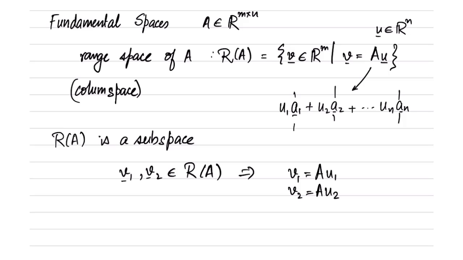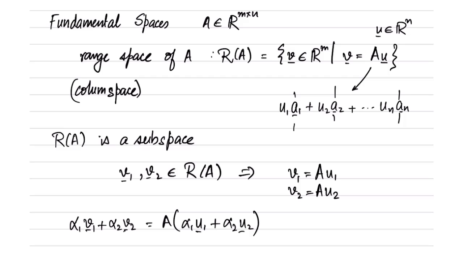Then what can you say about the linear combination of v1 and v2? If you say alpha 1 v1 plus alpha 2 v2, then you can check that it can be written as A times alpha 1 u1 plus alpha 2 u2, where alpha 1, alpha 2 are scalars.